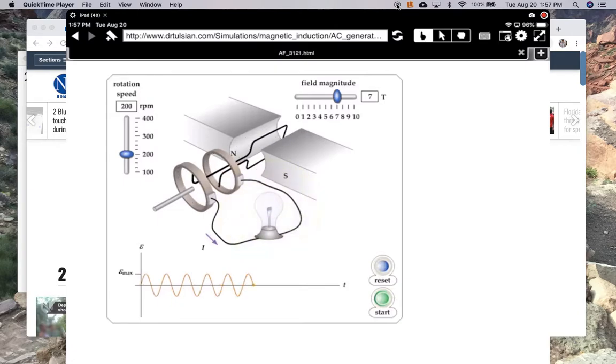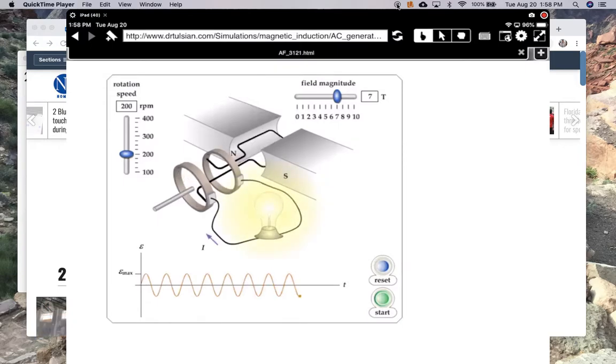So this is a generator. Now, in a dam, the flowing water is used to rotate this loop. In a windmill, the wind turns the blades of the windmill, which are turning this loop. And so that's how you're producing electricity.